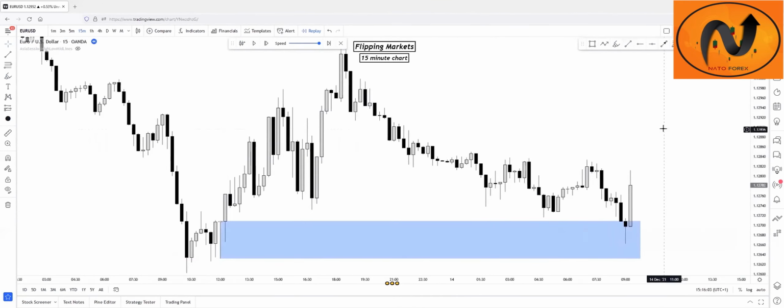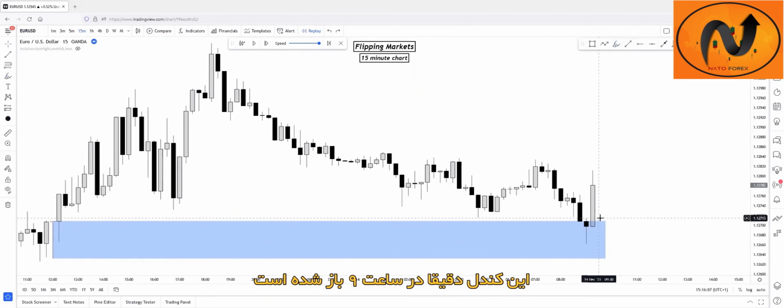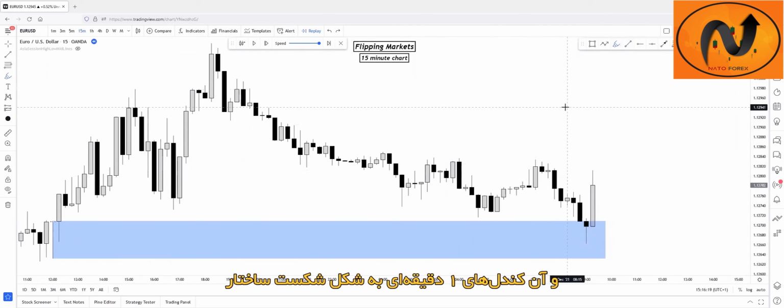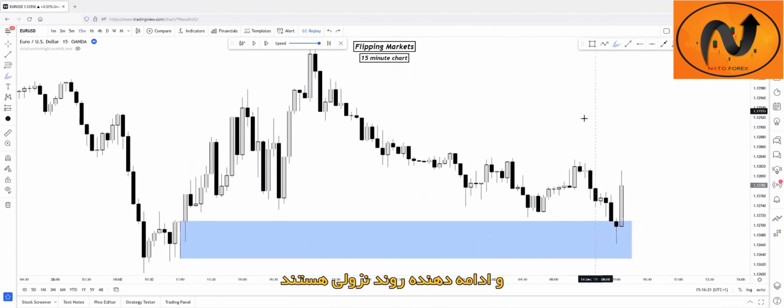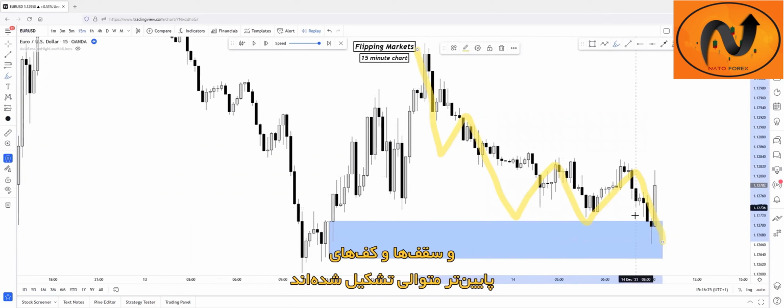Okay, so on the 15-minute, this candle just looks like a liquidity sweep. Let's see, it opened exactly at 9, and the next candle opened at 9:15. So on this movement, we will have 15 1-minute candles, and those 1-minute candles will look like a break of structure and the continuation of the bearish order flow, because in this region we have a bearish order flow, as you can see, a series of lower highs and lower lows.